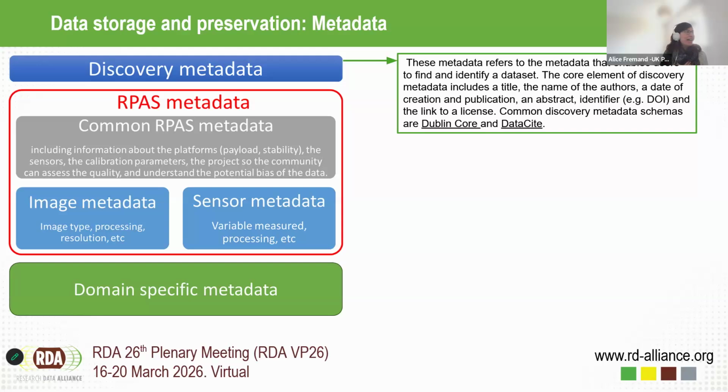So you have first discovery metadata, and this refers to the metadata that enables the users to find and identify a dataset. So this is like common metadata such as the title, the name of authors, the date of creation and publication, an abstract and an identifier. And these are really minimal metadata, but more for discovery.